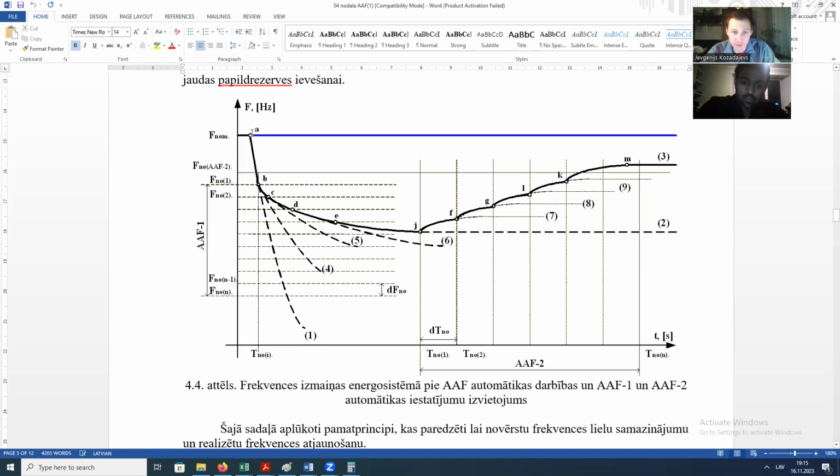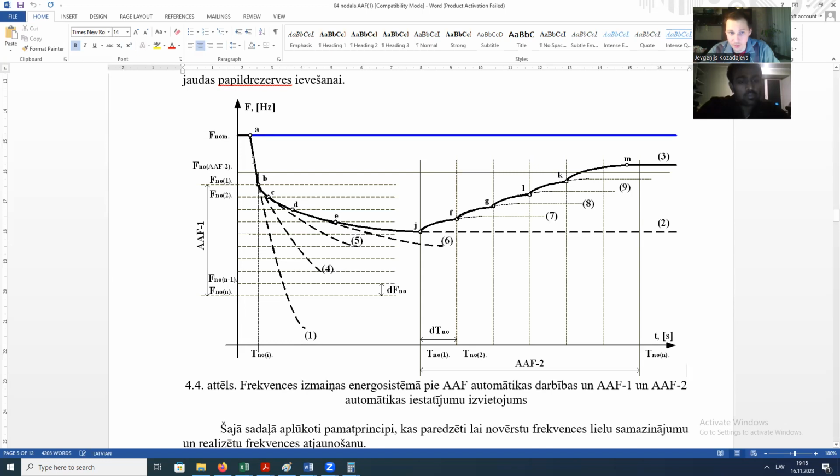In this case, we see the power drop. Of course, first of all, the regulators start trying to increase the power production of each generator. And if we can conclude that it's not enough, by the continuous frequency drop, the under frequency automation starts to operate.